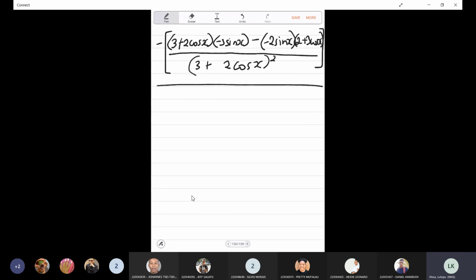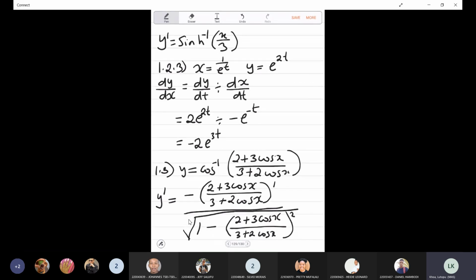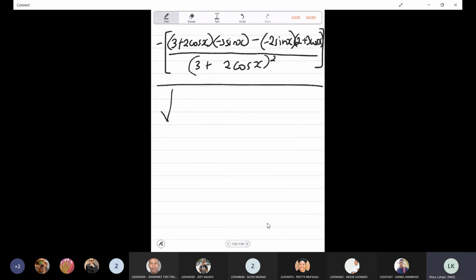And then in the denominator, we have this big square root. So we have big square root, and this square root I can simplify or rewrite as (3 + 2 cos x) squared minus (2 + 3 cos x) squared, over (3 + 2 cos x) squared.